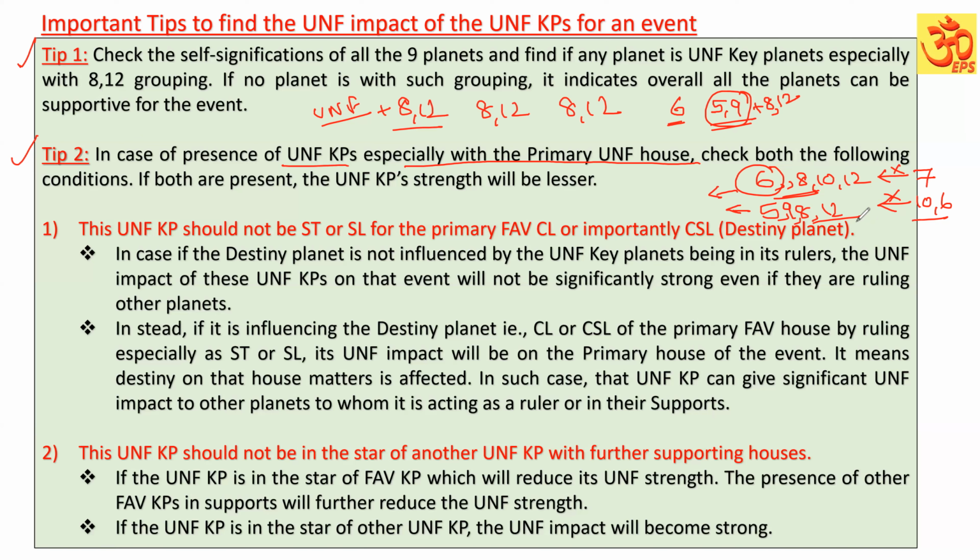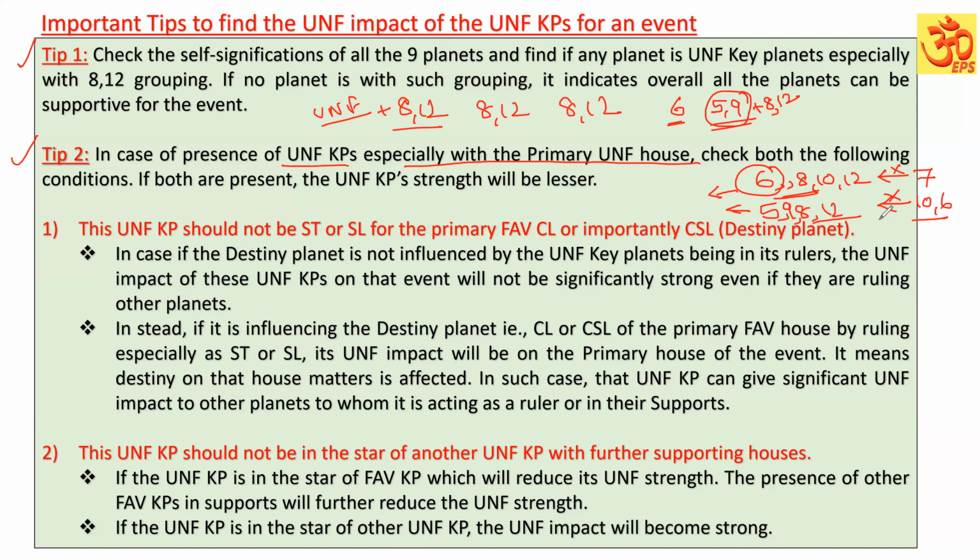So this planet can be star lord or sublord for some other planets also. Those planets, because of the star lord planet which is not supportive to the 10th house matters, definitely will not support the progress of the 10th house matters. That is there.